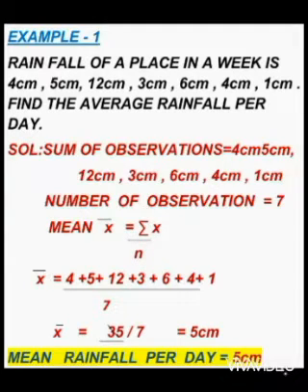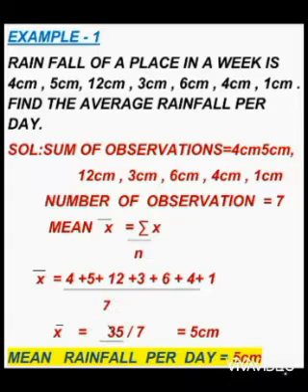Sigma x means you have to add all the observations. So 4 plus 5 plus 12 plus 3 plus 6 plus 4 plus 1 by 7. If you add all these, children, you will get 35 by 7. Let us cancel: 7 ones are 7 and 7 fives are 35. So x bar is equal to 5 centimeters.